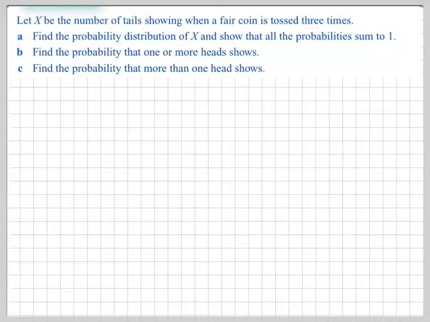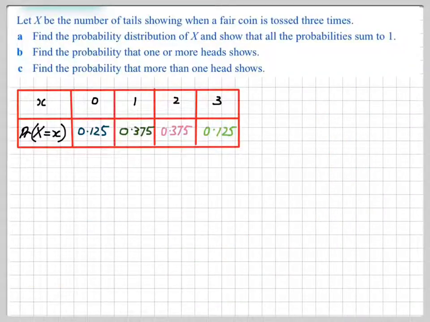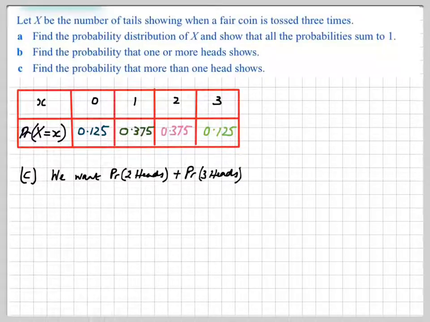Over the page. Good. Now, let's just put our table in there again, and we'll go for number C. The probability that more than one head shows. Look, I'm going to write that out, and then I'm going to convert it to tail thinking. More than one head means we want 2 or 3.